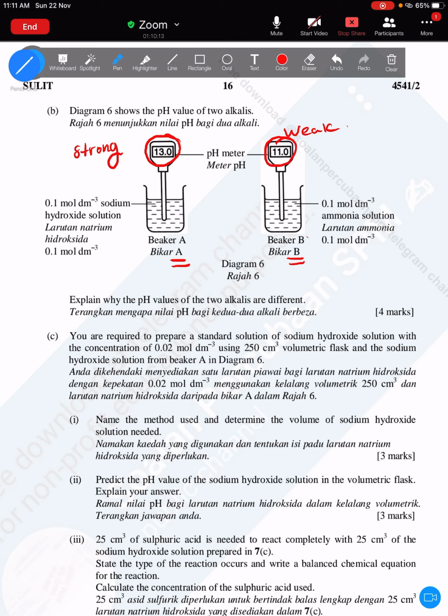Of course, it is balanced with what is given over here. Ammonia is NH3, and we also have sodium hydroxide, which is NaOH. I think we have gone through this. When I say a strong alkaline, it will undergo what?